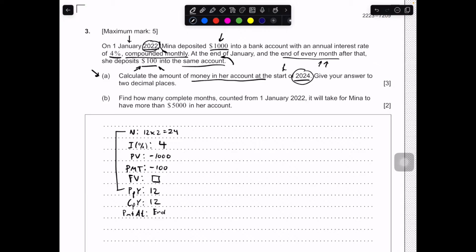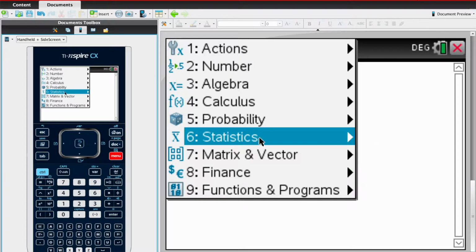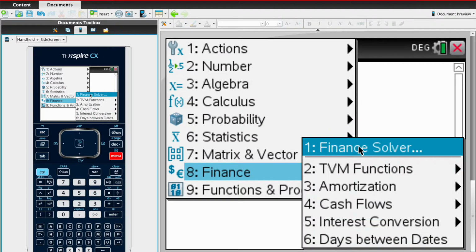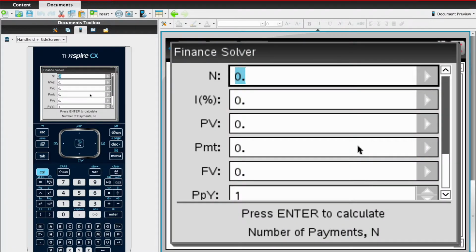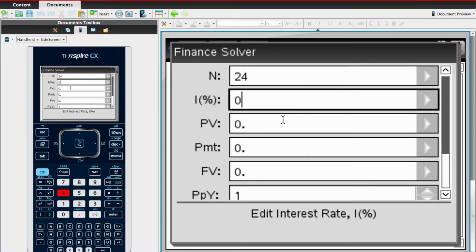So let's go ahead and enter that into the calculator. I'll show you how to get there as well if you're unsure. So menu, finance, financial solver, of course. All right, 24, total number of payments, interest rate is 4%.